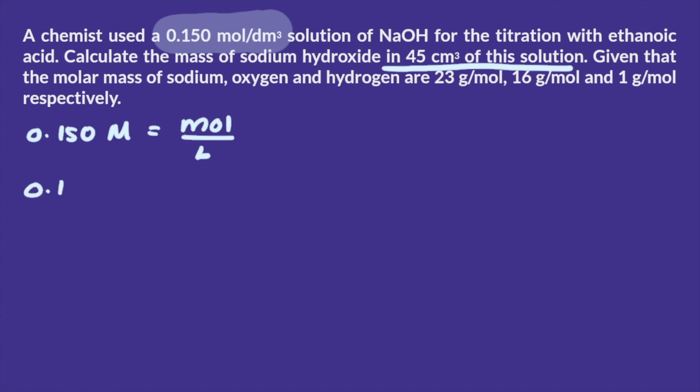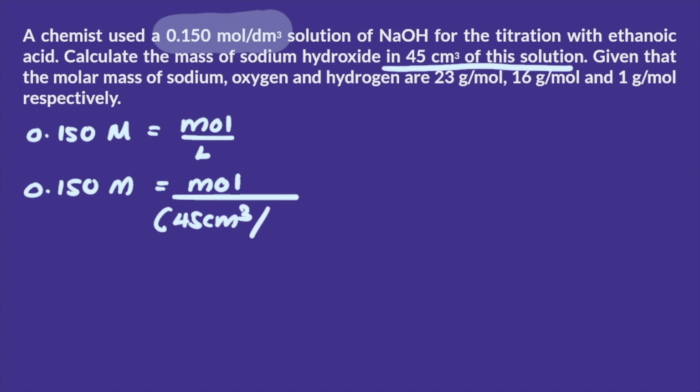So we can write 0.150 molar is equivalent to the number of mole divided by this one, 45 centimeter cube. You want to convert it to liters, so you divide that into 1000.